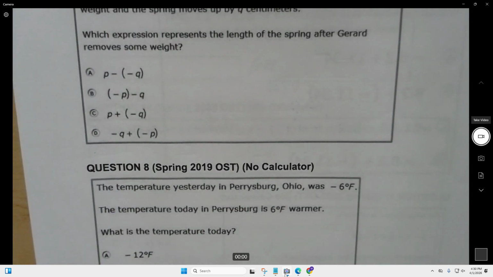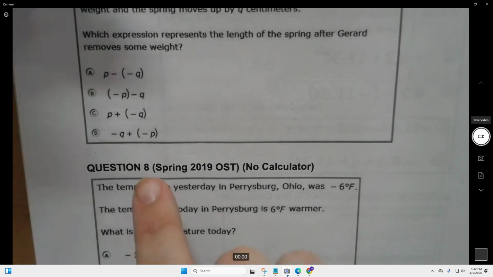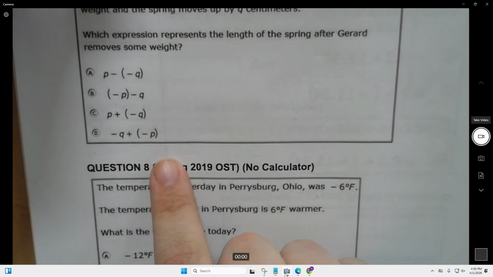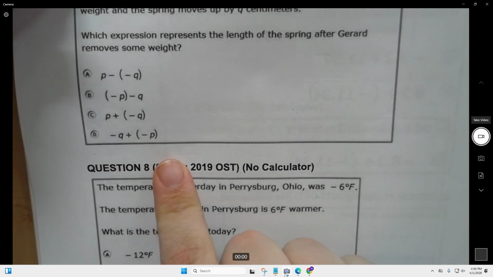Question 7. Gerard adds weight to the end of a hanging spring as shown. The spring stretches to a length of p centimeters. So let's visualize this. The spring stretches to a length of p centimeters.